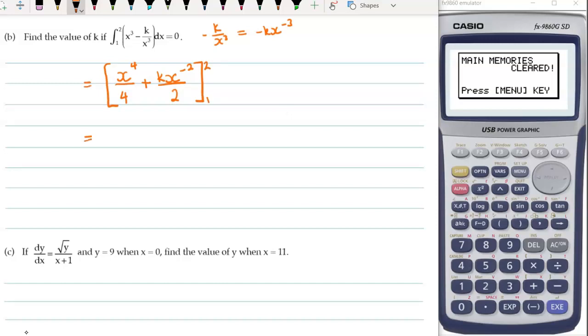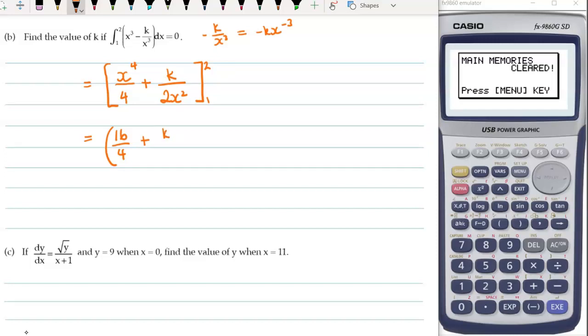So if we put 2 in, well, 2 to the power of 4 is 16. We have k times x to the minus 2. I'm just going to rewrite this bit. So x to the minus 2 puts an x squared on the bottom here, just so that's a little easier to deal with the substitutions.